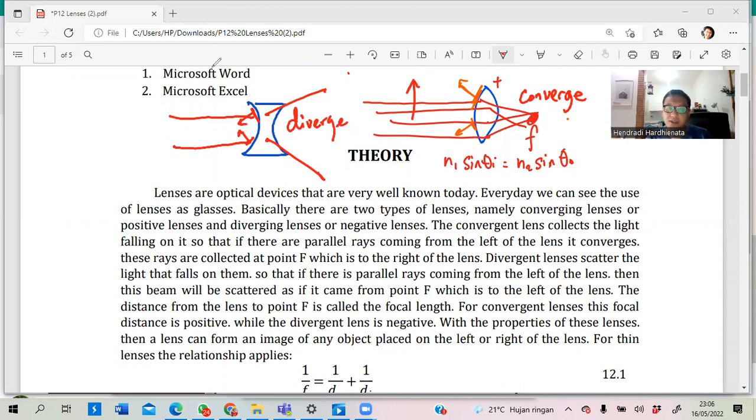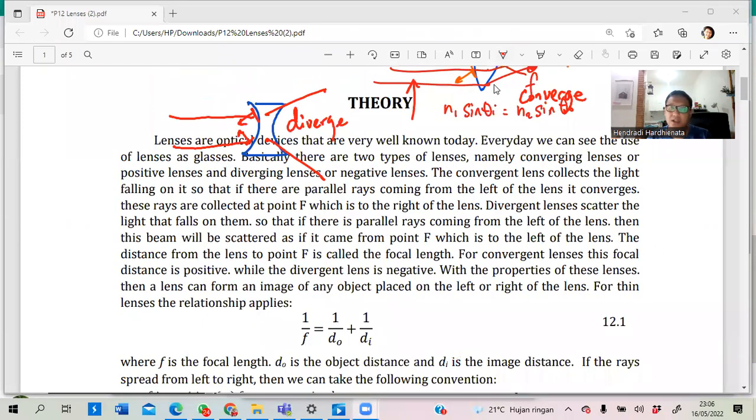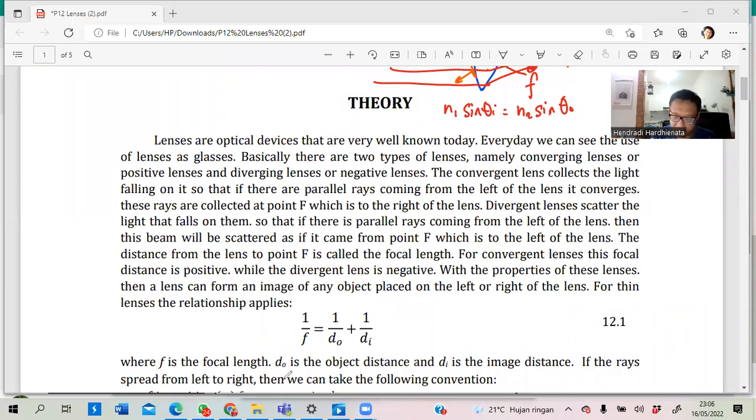We can use the simple laws that you already studied during the lecture, which is this formula here, where dO is the distance of the object from the lens and dI is the distance of the image from the center of the lens.